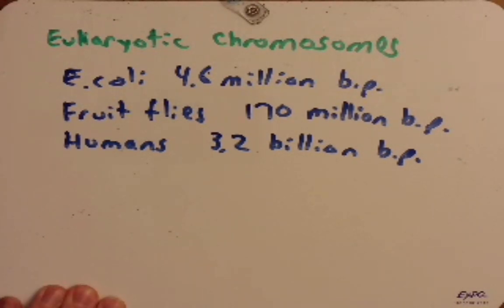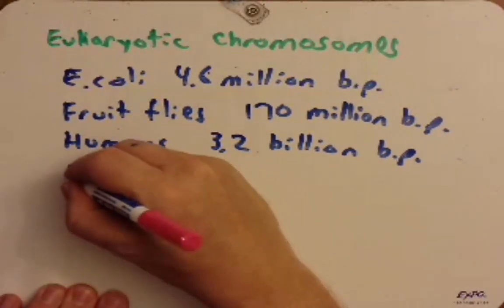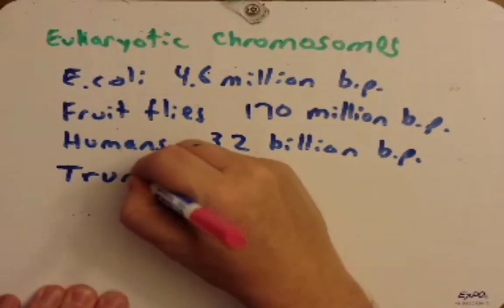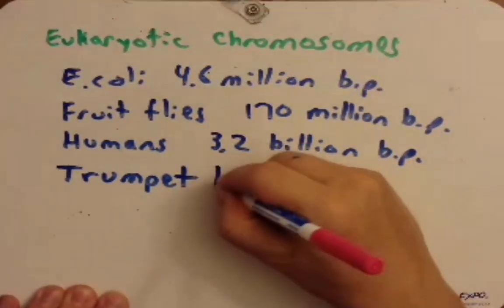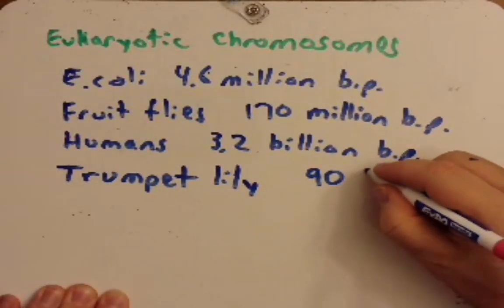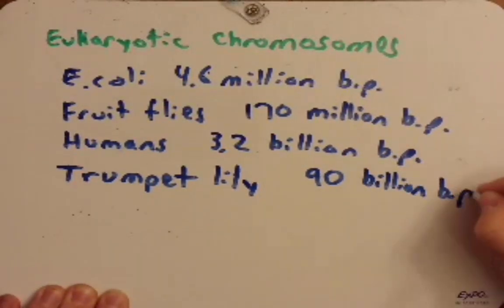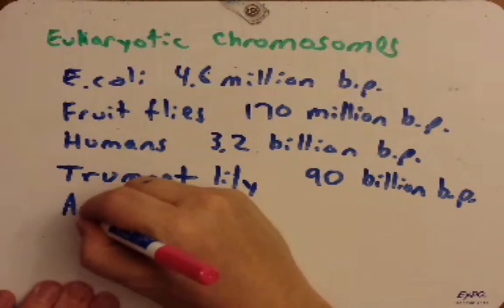We know that some plants, which themselves are quite complex, and I might argue more complex than humans because of their various life cycles, like a trumpet lily, for instance, have 90 billion base pairs. And this last one I find really interesting are the amoebas.